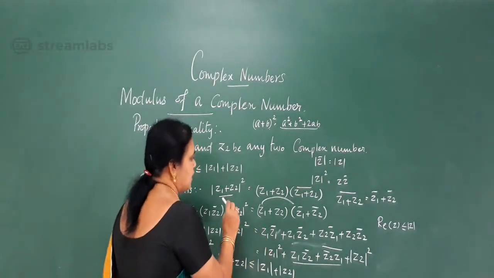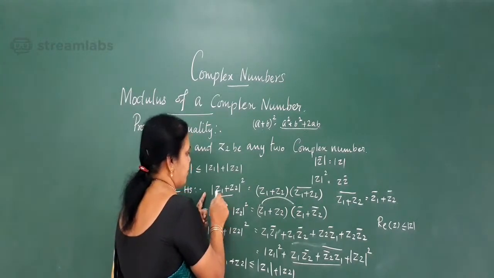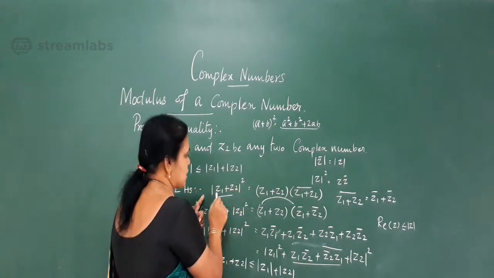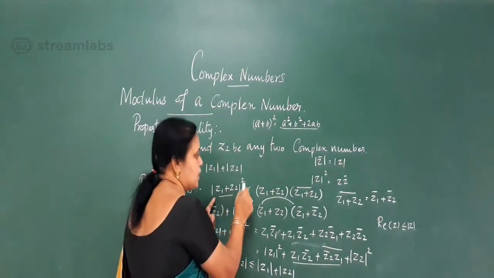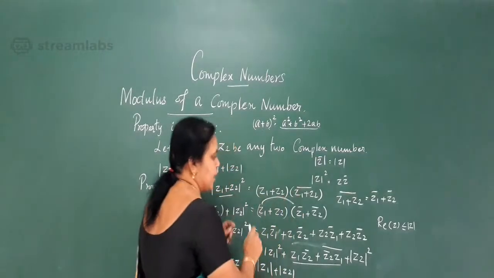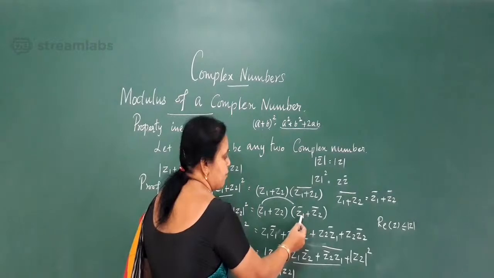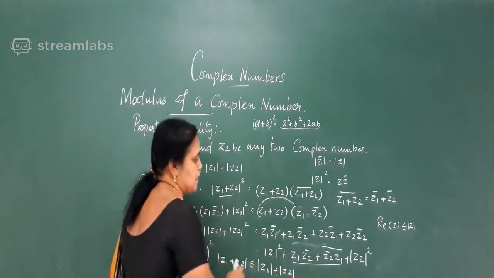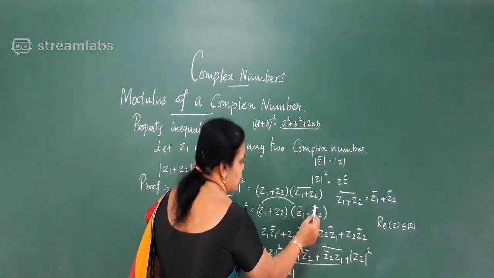Here you just think nothing, you just take the square. Suppose you are taking the square, this is equal to modulus z square, which is z into z bar. Then by using this property, I split the bar for each and every complex number: (z1 plus z2) into (z1 bar plus z2 bar).